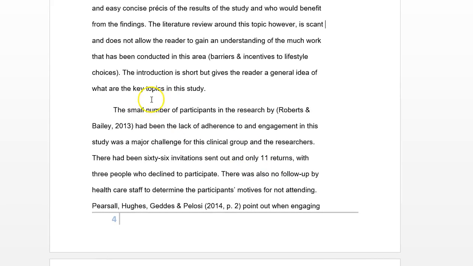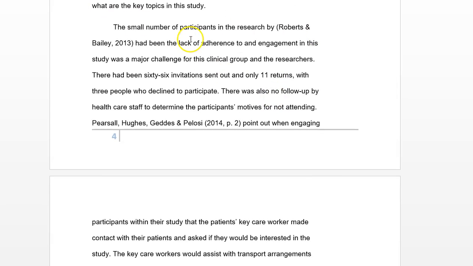Now, they go on and talk about the number of participants. They haven't talked about whether the research method is appropriate for what they want to look at, and that's important for you to think about. Now they've gone on to talk about the number of participants, and here they would need to be looking back at the type of methodology that was used, and why they wouldn't be getting many people returning the invitations.